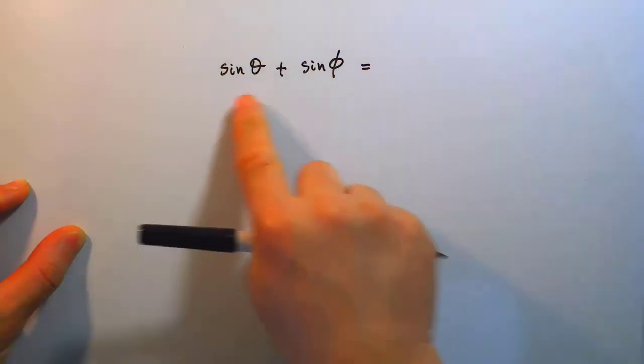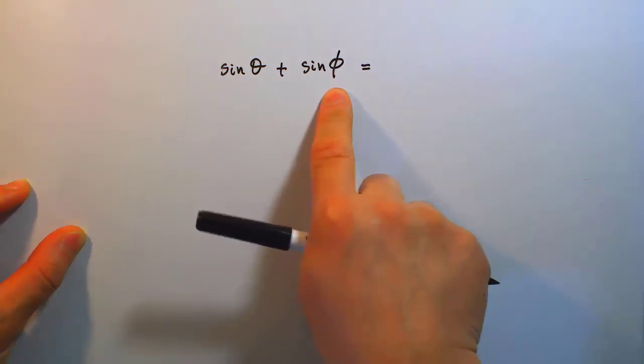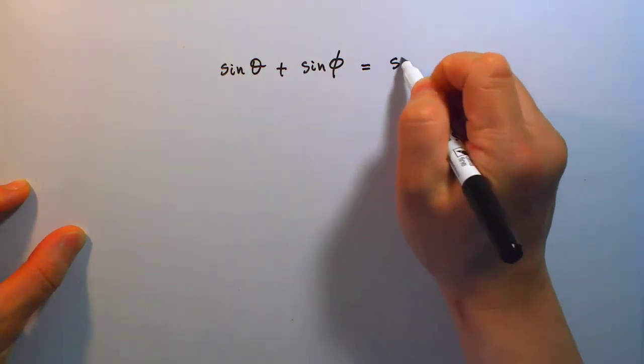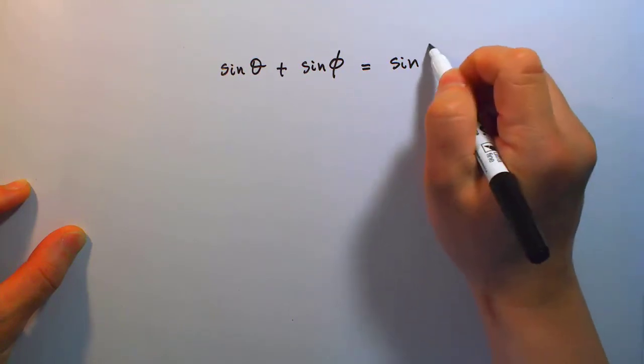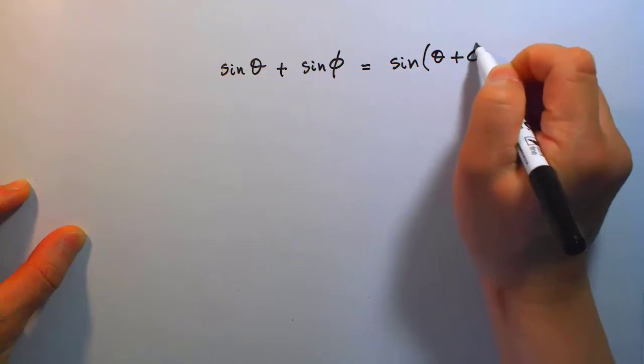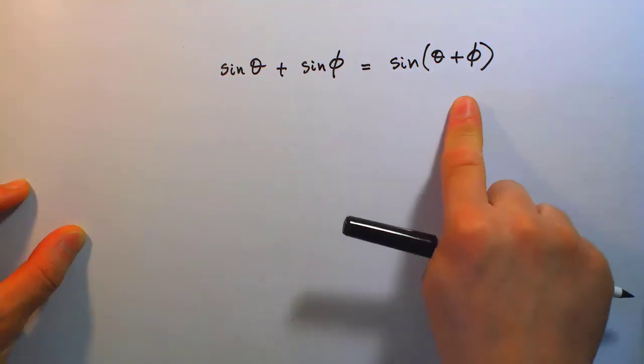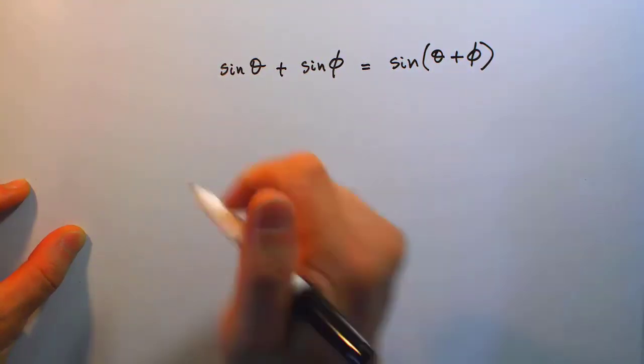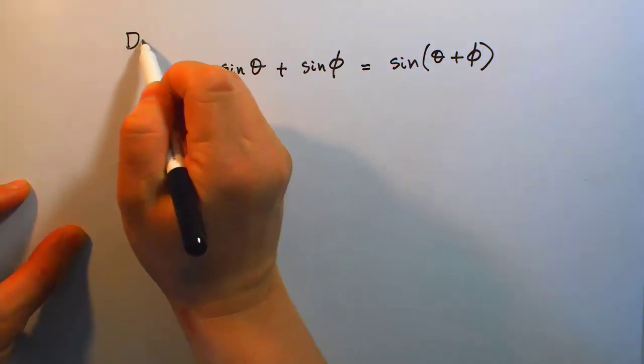This is usually thought of as being the same or equal value with sine of the sum of theta and phi. However, is this really true or not? It actually turns out not true. So how do we disprove this problem right here?